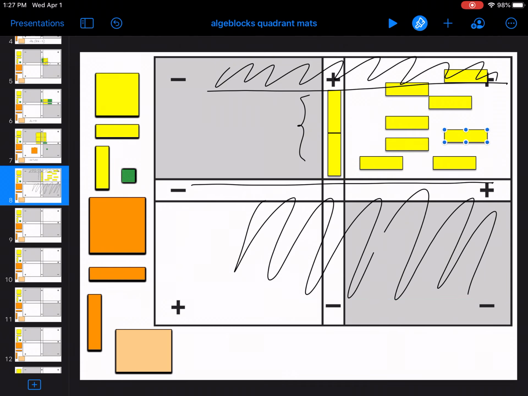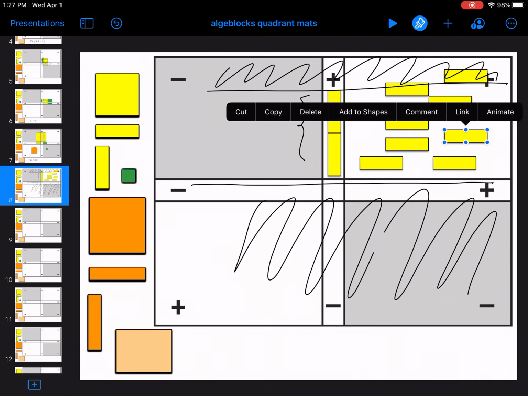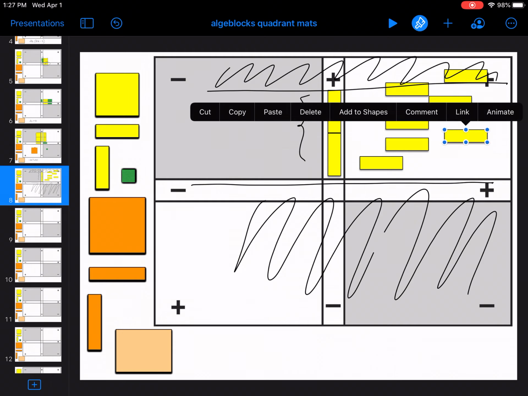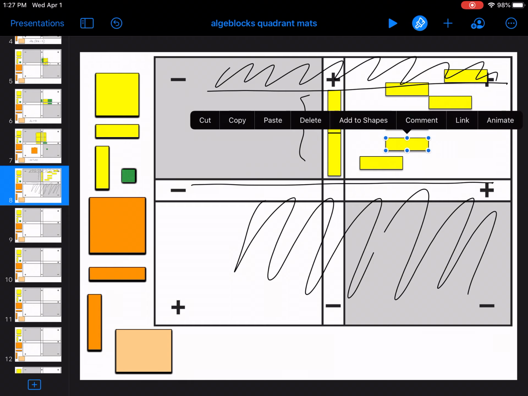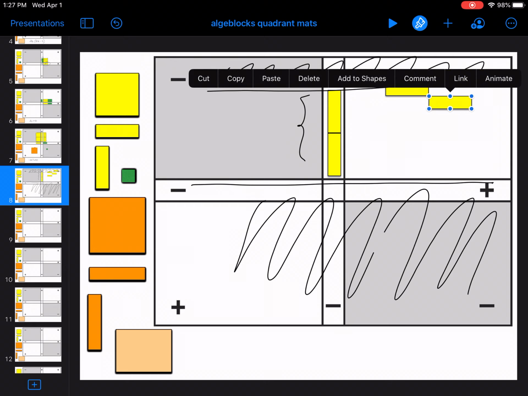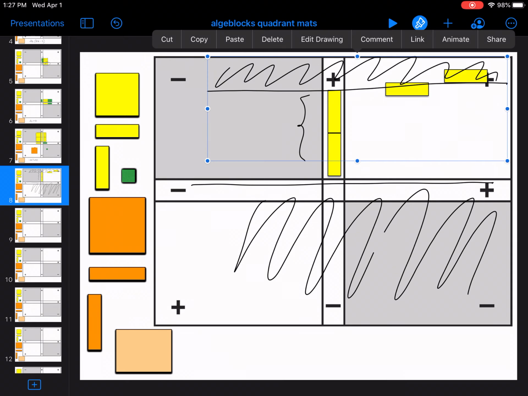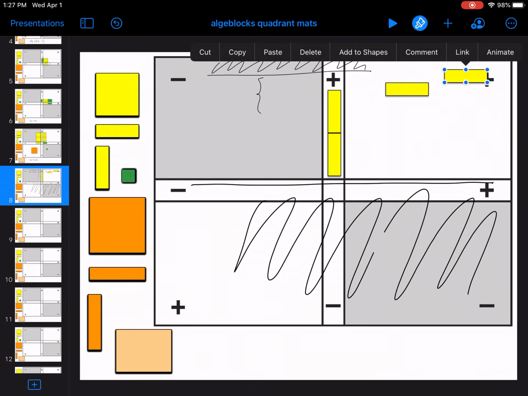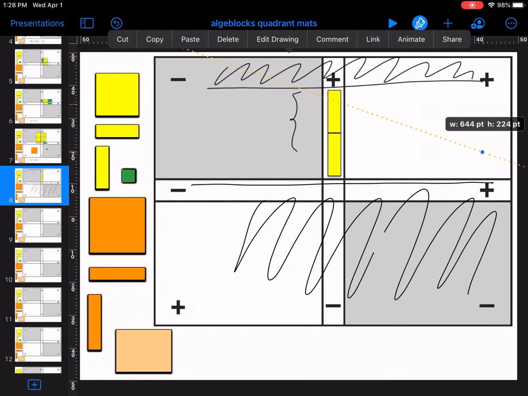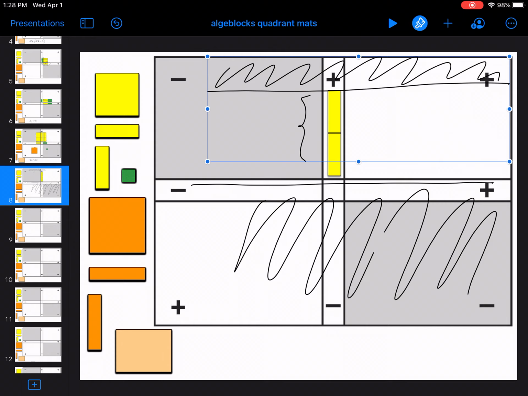So let me see if I can maybe cut. I'm going to delete these, and I'm going to say that the better way for me to set up this rectangle is to use the vertical 2Ks. So I need 8K.